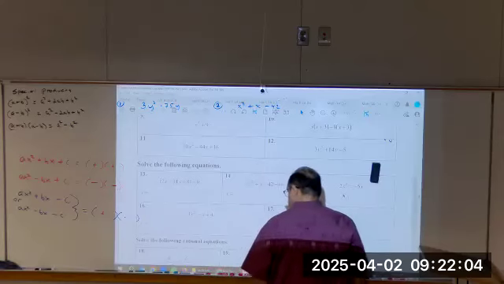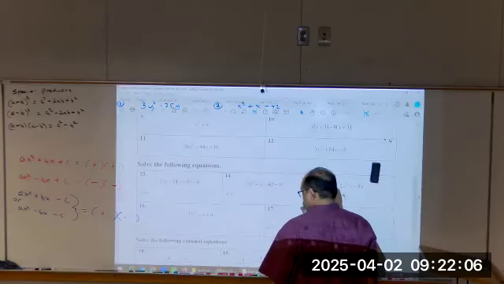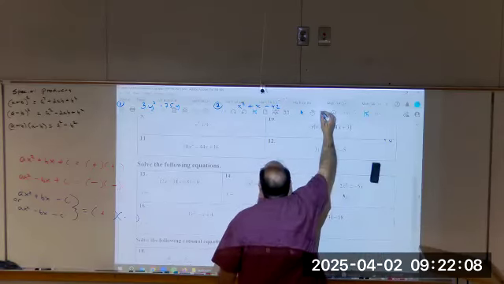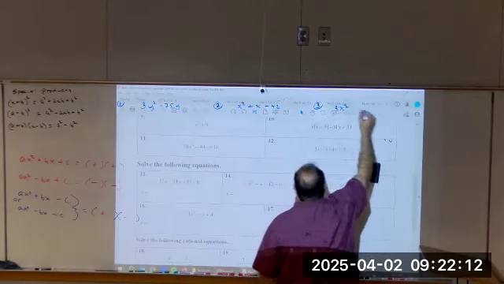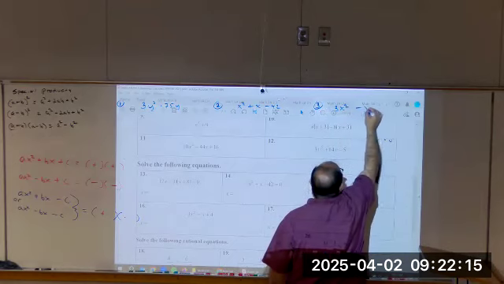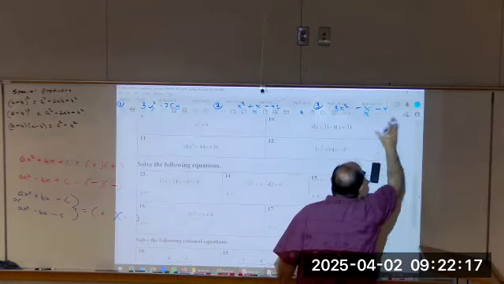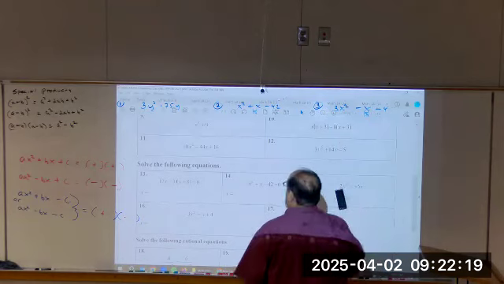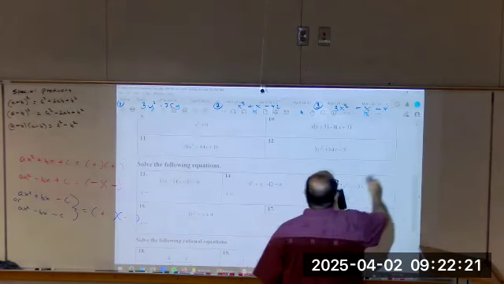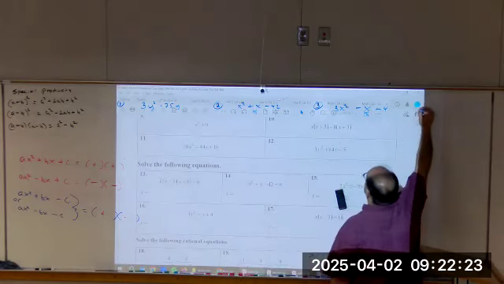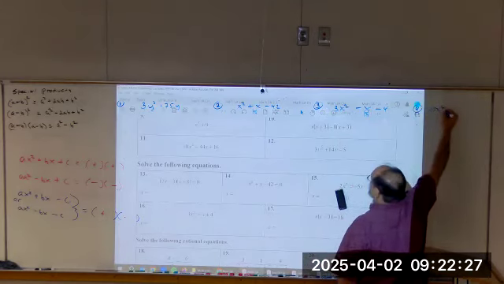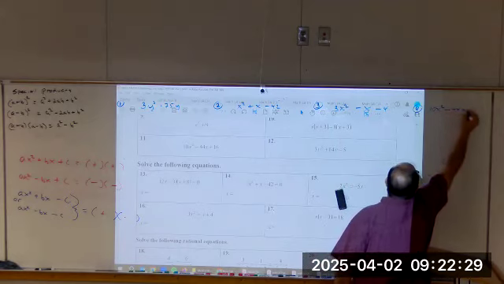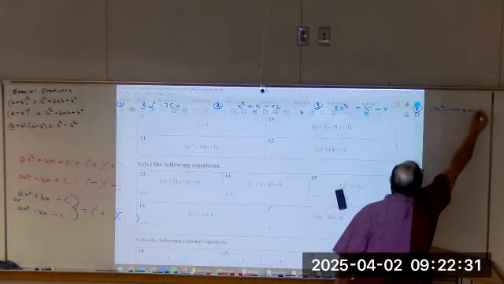Also do number 3: 3x squared minus x minus 4. And number 4: 10x squared minus 44x plus 16.